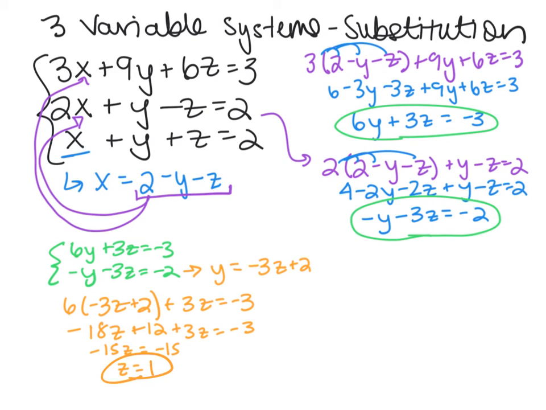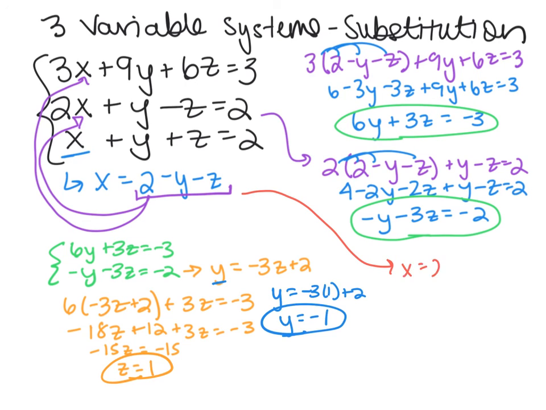So now we just work our way back up. We already have y solved for. Let's just plug a 1 in for z. So negative 3 times 1 plus 2. Negative 3 times 1 is negative 3 plus 2 gives us negative 1 for y. And now work backwards one step further. We already have x solved for again, so we can just plug both into there.